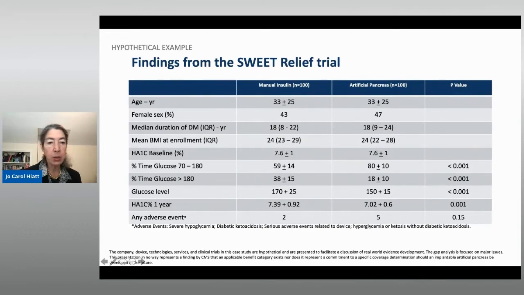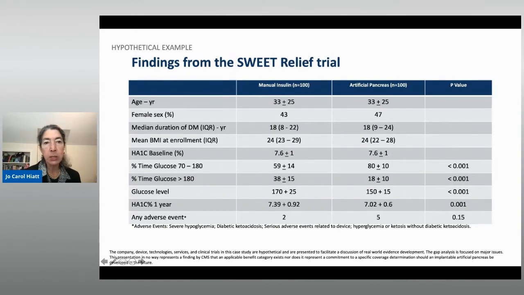And the hemoglobin A1C, which is a metric for overall glucose management, was improved over the control group. And a handful of adverse events that are shown here, but nothing terribly serious.